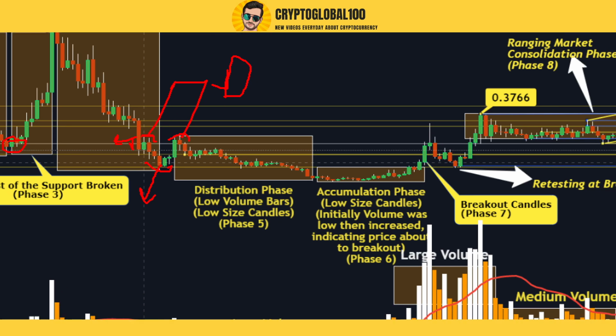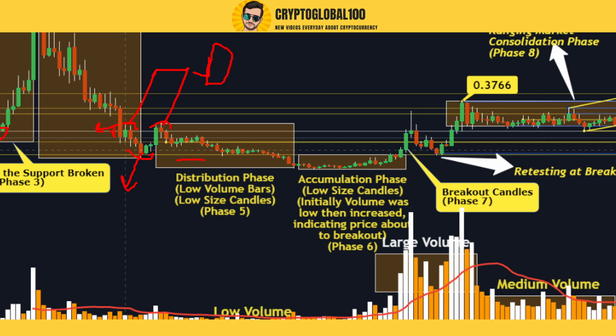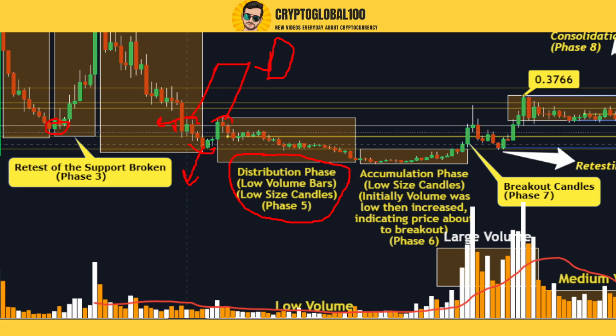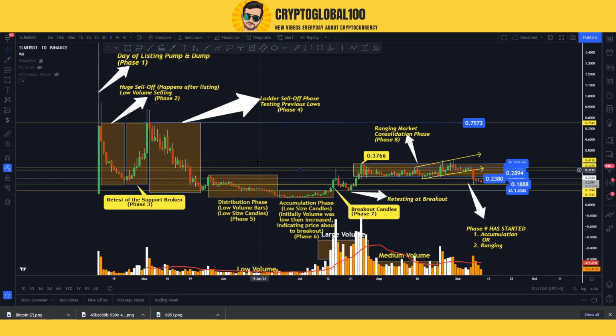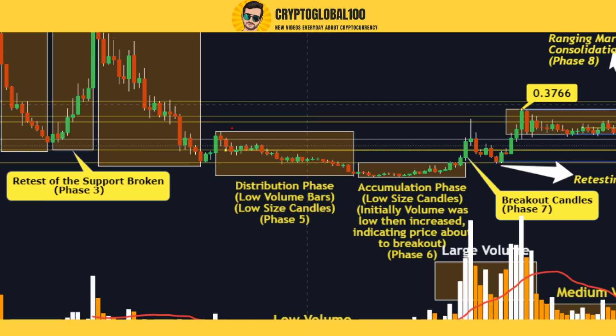What happened afterwards? We entered into phase 5. Now this 5th phase was a distribution phase. You might be wondering why this is not a distribution phase and why this is a distribution phase. By now you must have understood, as I have told you in my previous videos, that distribution phase and accumulation phase mean that we have small size candles. Let me clarify. This is the distribution phase.